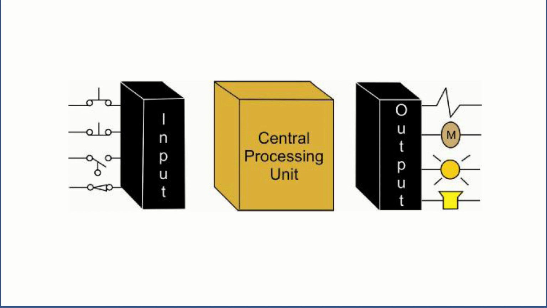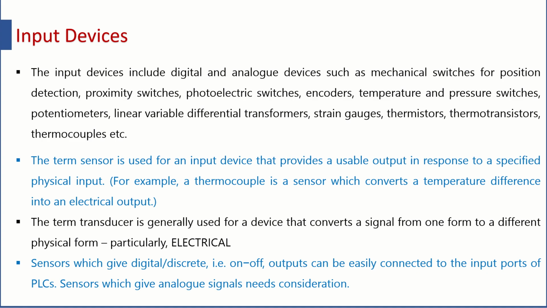So with this much introduction, I start with the basic topic, and I will start with input devices first. You can see the input devices can include digital as well as analog devices. Your application can be simple position detection, for which you can use mechanical switches, proximity switches, photoelectric switches.